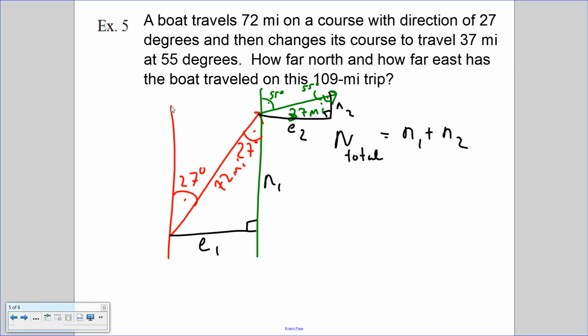Then to find east total, we're going to take east 1 plus east 2. And that's going to give you two answers in terms of miles. The most important part on this one is keeping organized and finding the four components and adding them up to find the total.